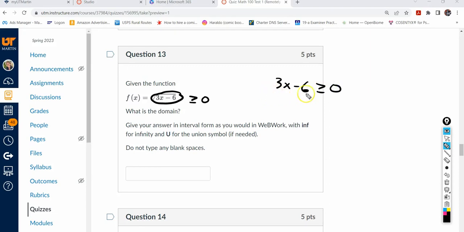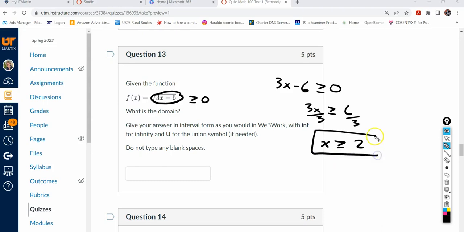Now, that's the restriction on 3x minus 6. What's the restriction on x? Well, add 6 to both sides. That does not change the direction of the arrow. And divide both sides by 3. Dividing by a positive number does not change the direction of the arrow. So that's my domain. The domain is the x values that are allowed.